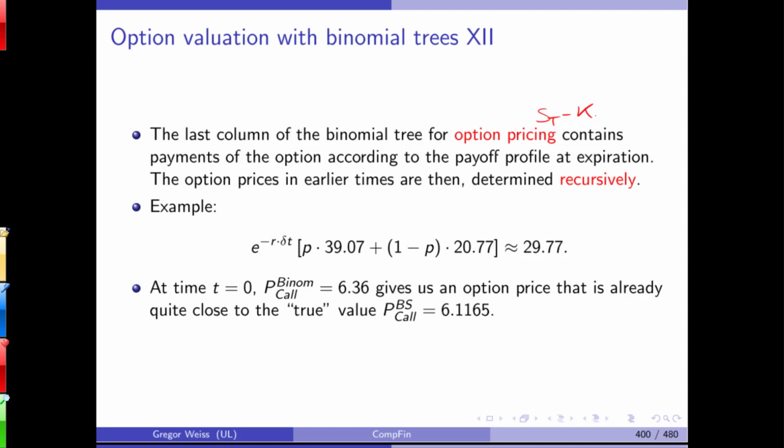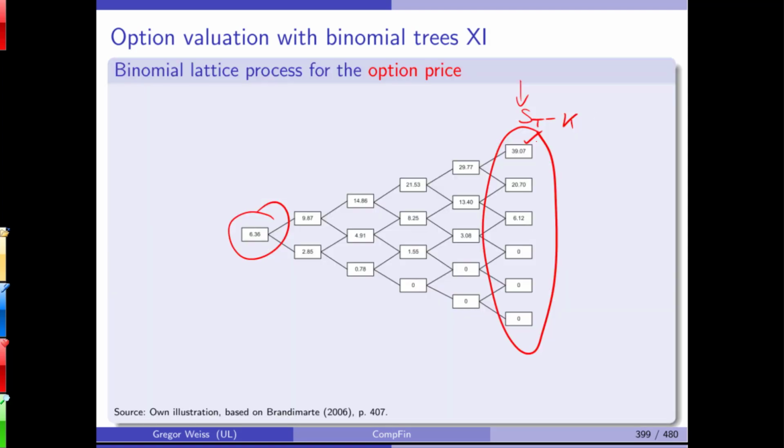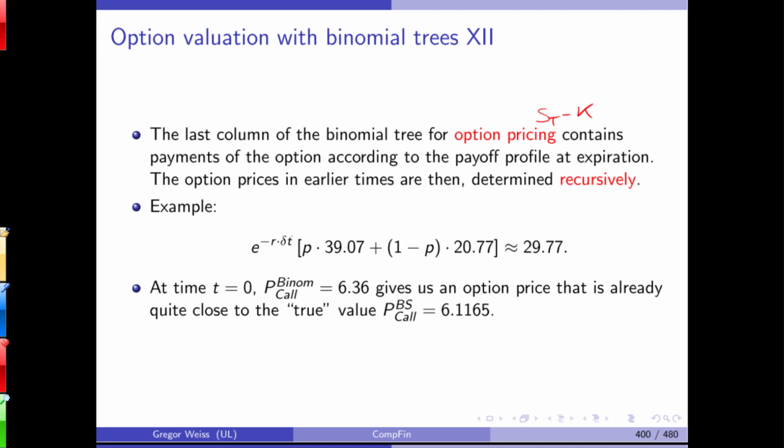For example, we take 39.07 and 20.77. Those are two potential payouts here. And the arbitrage-free price of those two cash flows at this point here is what? Take the future cash flows, take the expectation, meaning calculating the average using the risk-neutral probabilities, then discount it continuously. And as you can see, you have a discount factor here, probability P, probability 1 minus P, and those two cash flows.